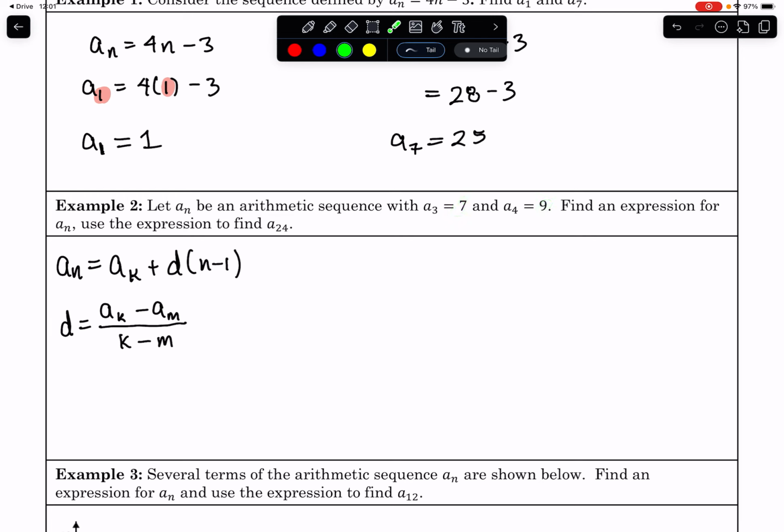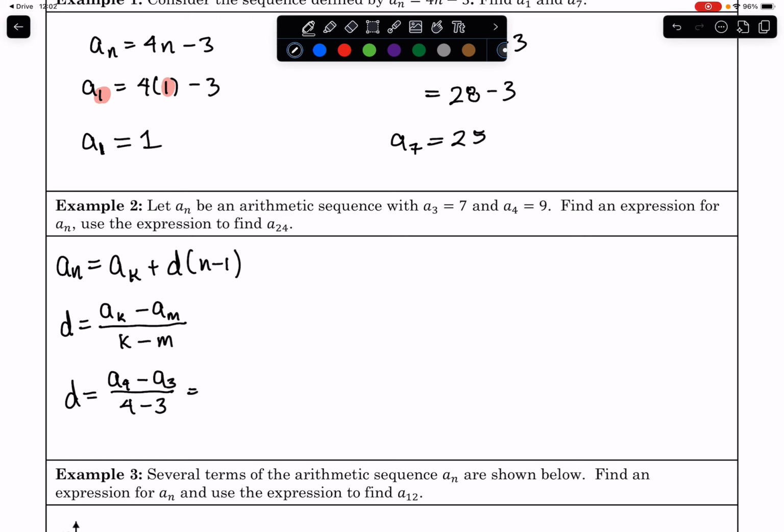So I start by getting the larger value of 4, and I subtract it by 3. That's going to be the k and the m down there. And a sub k relates to the value that it equals, and a sub m relates to the value of that value right there. So the common difference here is going to be a sub 4 minus a sub 3 divided by 4 minus 3.